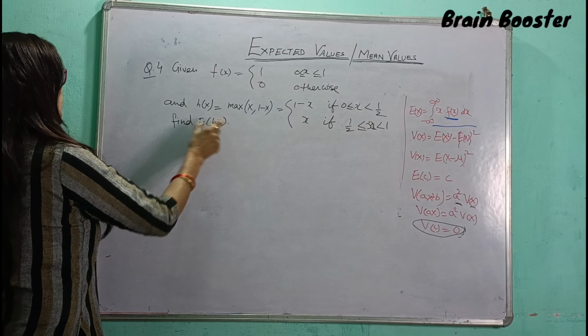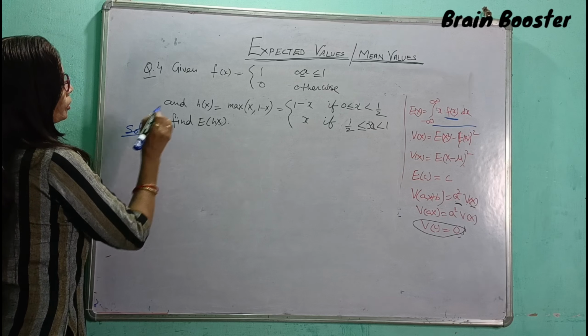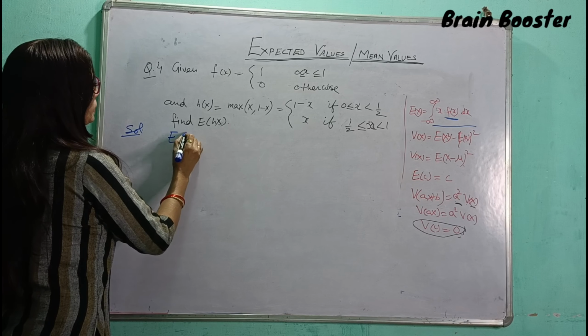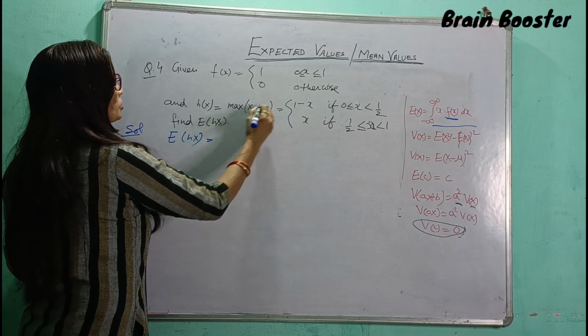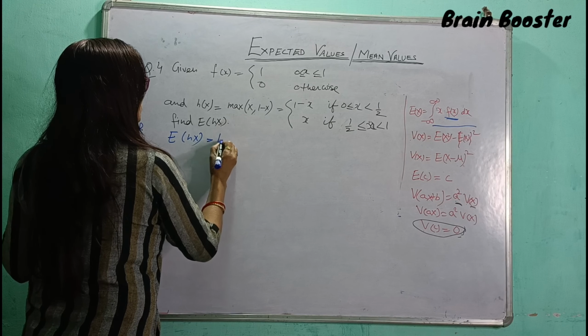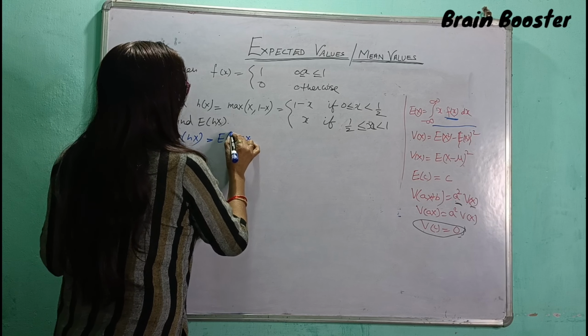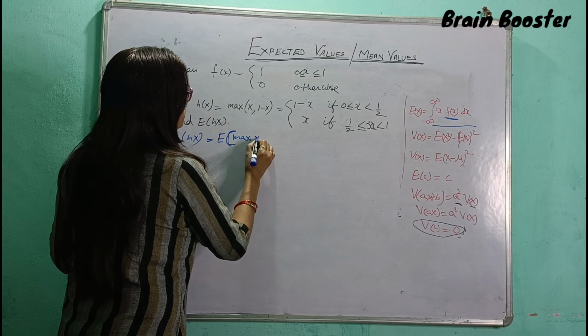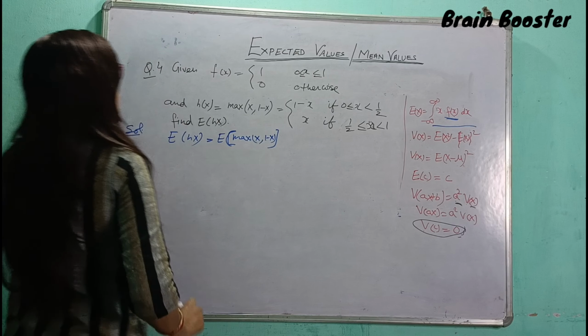Now you have to find E[h(X)], that is E of maximum of x and 1 minus x.